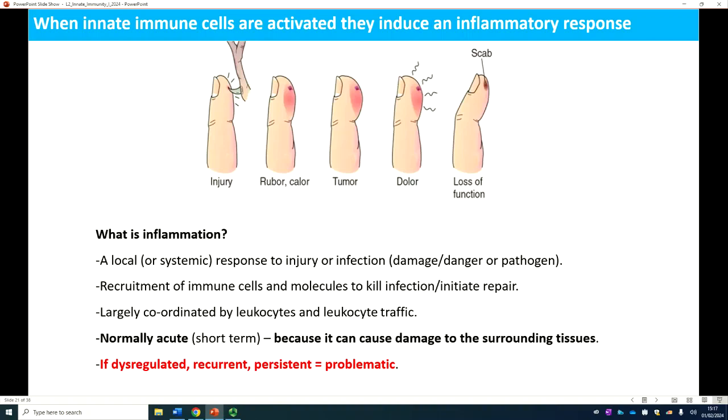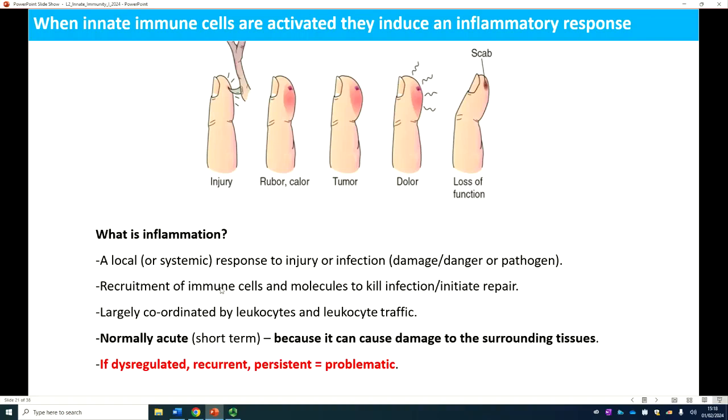So if we look back at inflammation, this is a diagram that we came across in the last lecture. Just to recap what inflammation is, it can be the local or systemic response to either injury or infection. So we're sensing either damage or a pathogen. It can also be systemic. If you think about sepsis, that's actually a systemic inflammation.